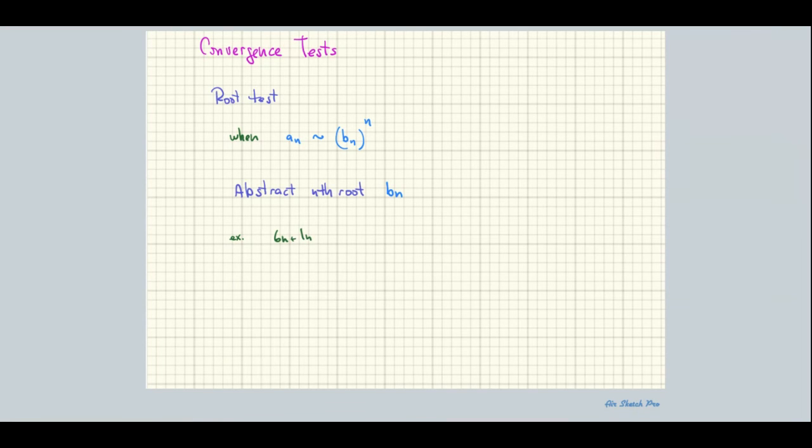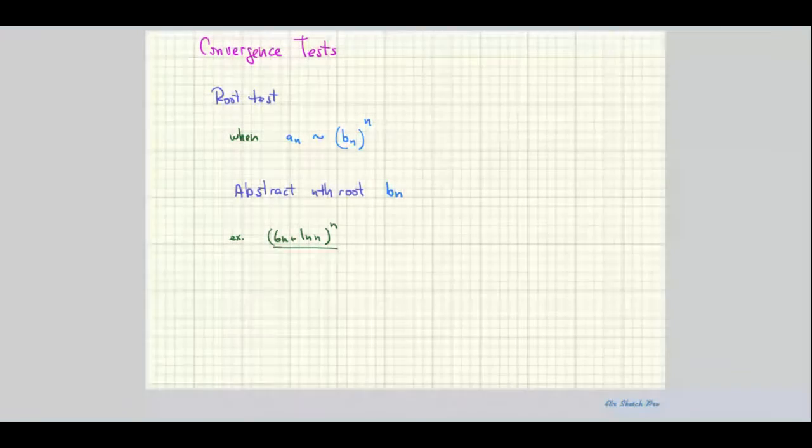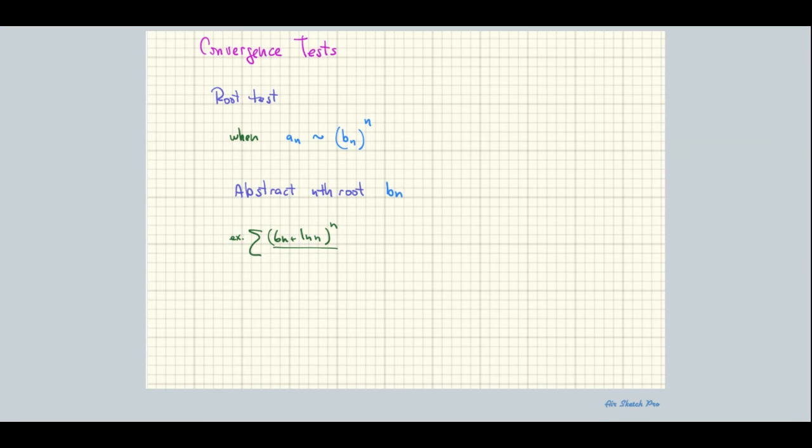The sum of (6n plus log n) to the nth power over (6n) to the nth power. As I'm looking at this example, I'm seeing nothing but nth powers, and that's what I'm looking for.